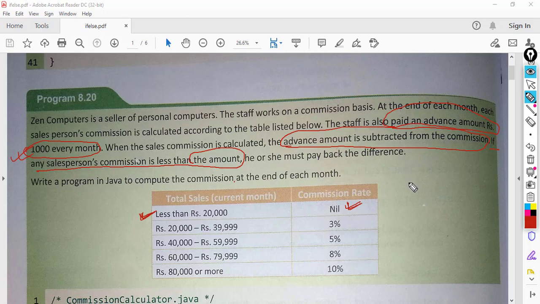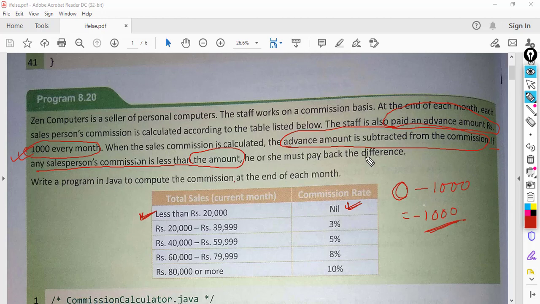Commission is 0 and the difference will be 1000, means you subtract 1000 from it, so you will get minus 1000. That means the 1000 rupees that was given as an advance amount to the salesperson should be returned.